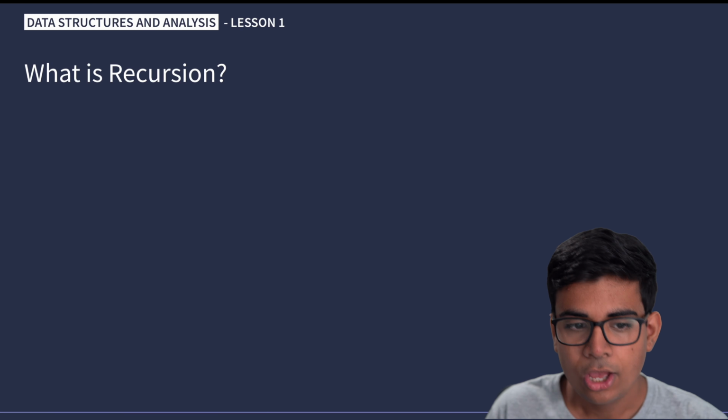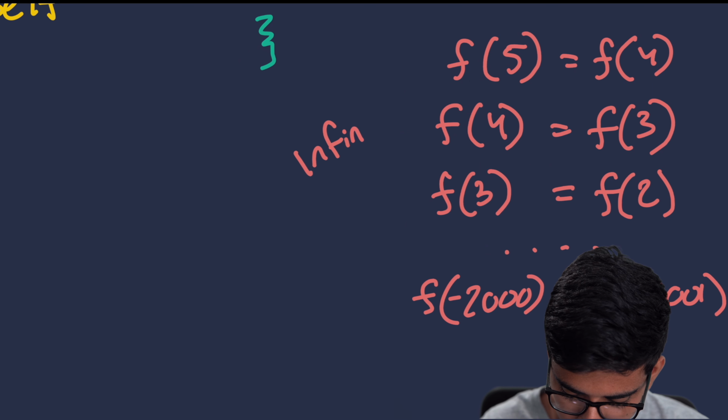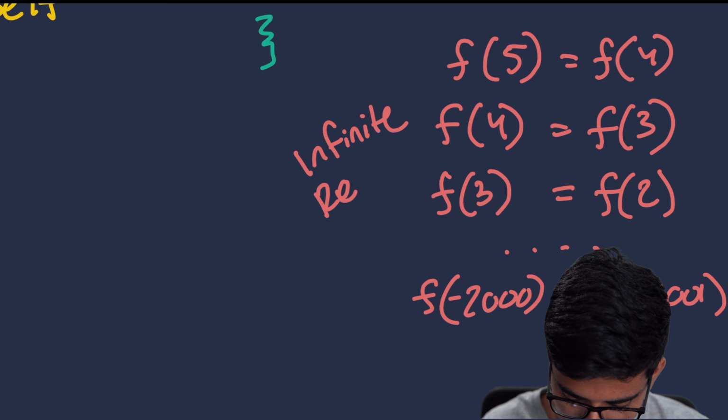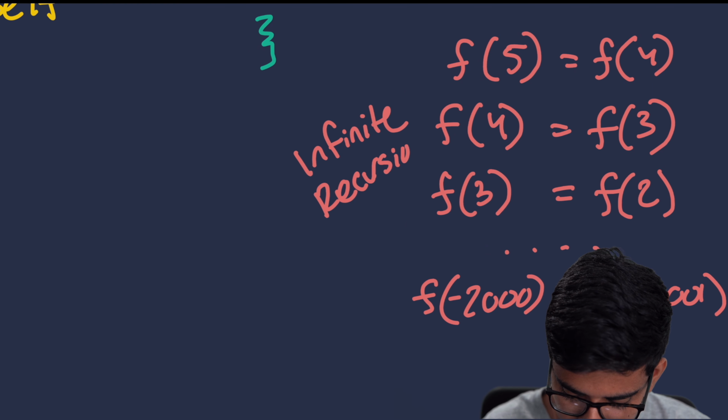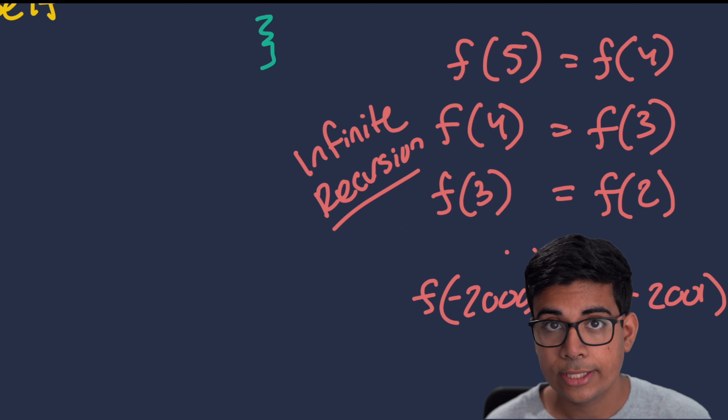I could be at f of negative 2000 equals f of negative 2001. This just keeps going on forever. This is the problem known as infinite recursion, where you have a function that is recursive, but because it keeps calling itself and there's no end to it, it just keeps on going forever. And that is, of course, really, really bad.